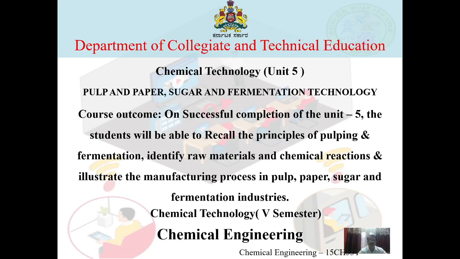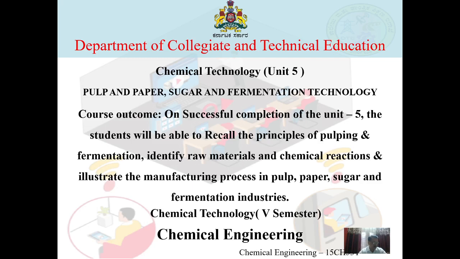In the last session, we discussed the sulfite pulping process. In that sulfite solution, calcium bisulfite, magnesium bisulfite or ammonium bisulfite can be used as the chemicals in the cooking liquor.